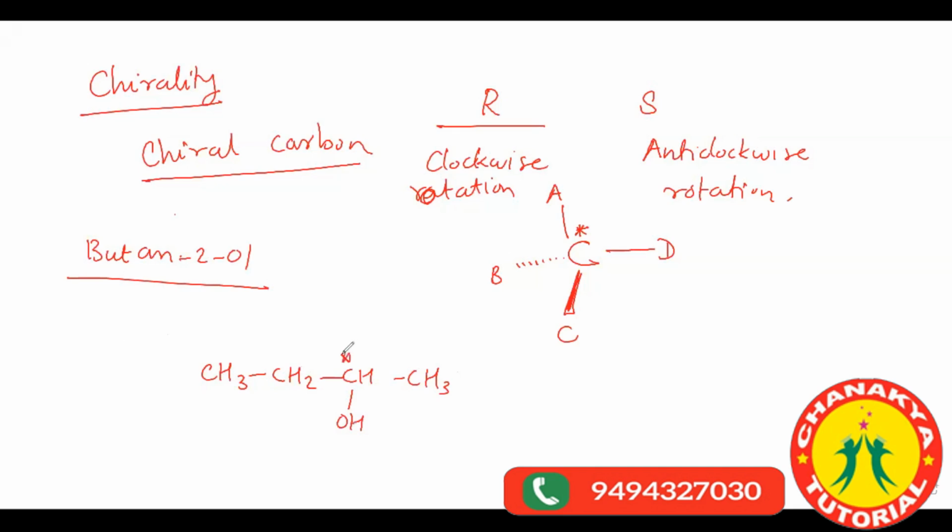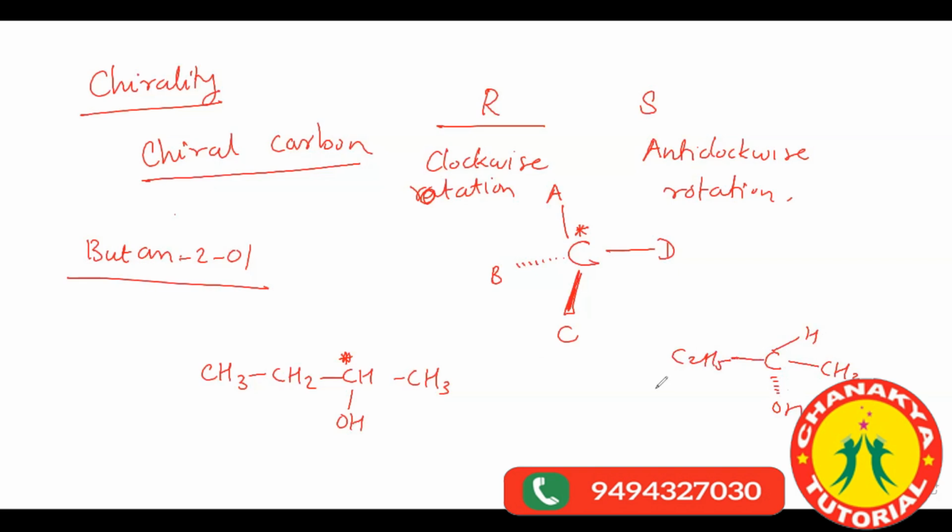If I check this carbon, what do I get? This carbon is attached to CH3 on one side, OH on the other side, hydrogen on one more side, and here it is attached to C2H5 or CH2CH3, correct?